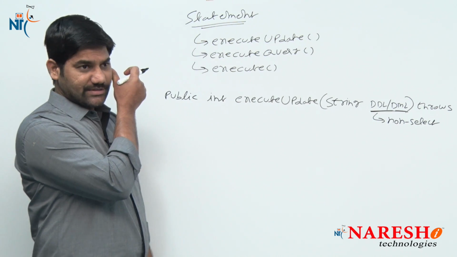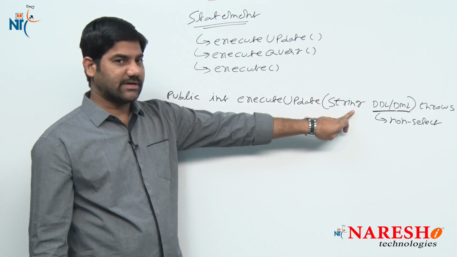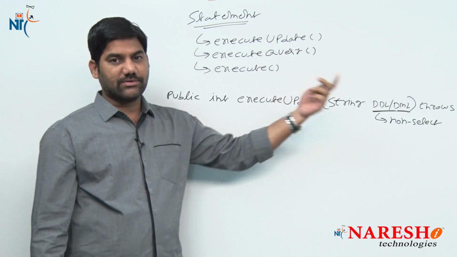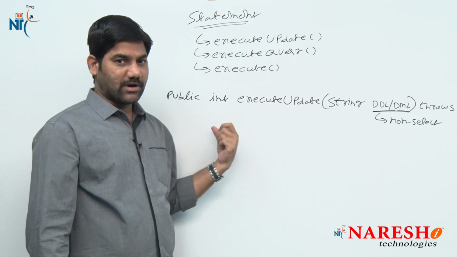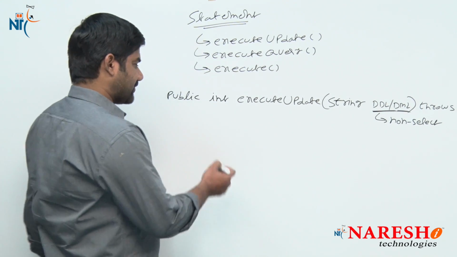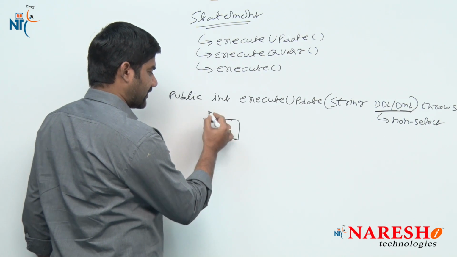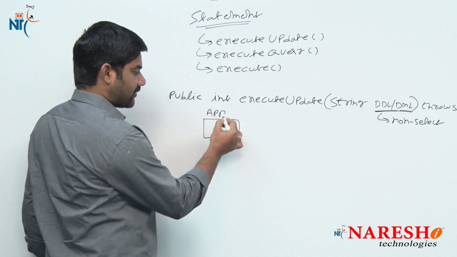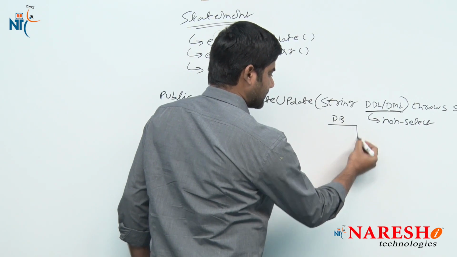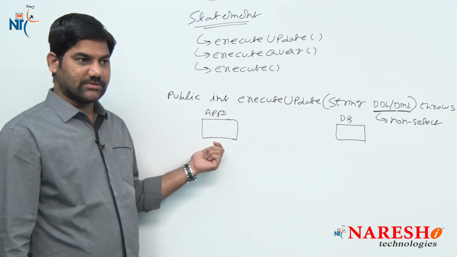What is this method doing? Whatever query you mention here, this method submits that query to your database from our Java application or Java program. In any programming language, especially Java, this is one program or application, and here we have the database, two different places and two different software.